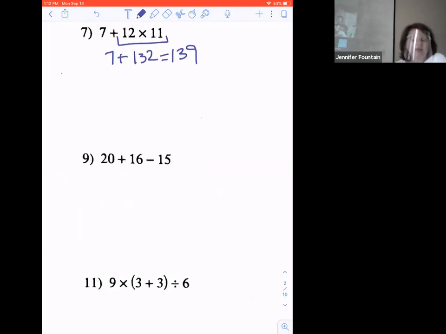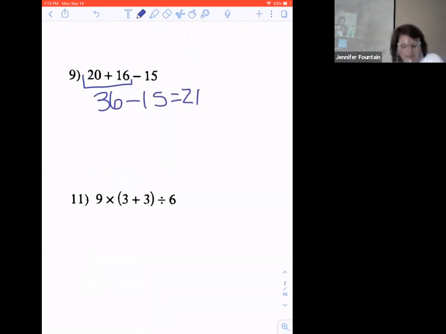All right, we have addition and subtraction in the same problem. What do we need to do? Left to right. So I'm going to start with 20 plus 16, and that's going to be 36. And then 36 minus 15 is going to be what? 21. Good.